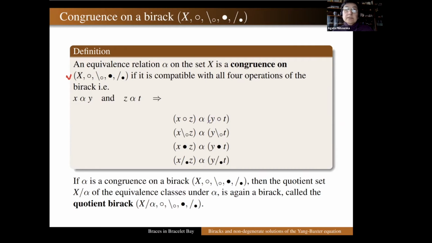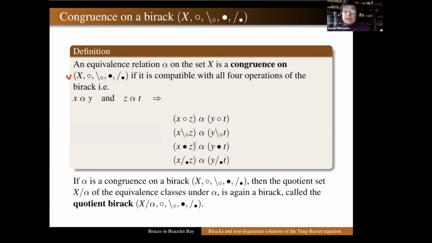And it is so for all operations of the Birack. By general results from universal algebra, if a relation is a congruence of a Birack, then the quotient set is again a Birack built on the equivalence classes of this relation, and such a Birack is called the quotient Birack.